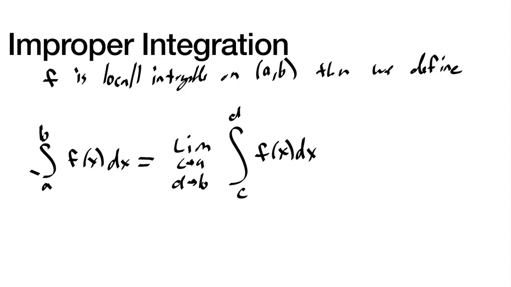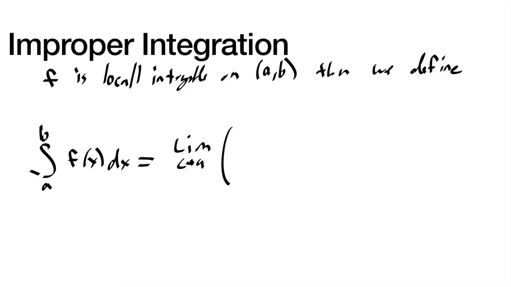Now I'm tempted to write something that's actually false here, and I'm tempted to say as c approaches a and d approaches b. What's false about this is you can't take the two limits at the same time, because if you take them simultaneously, you could get some sort of cancellation going on.